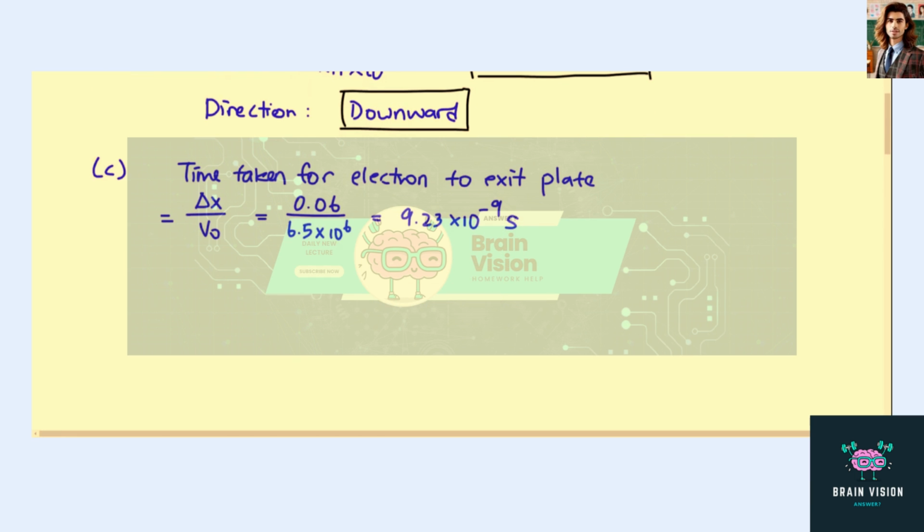So the vertical displacement, using the kinematics equation, delta y equals V naught y t plus half a y t squared. The V naught y is 0.